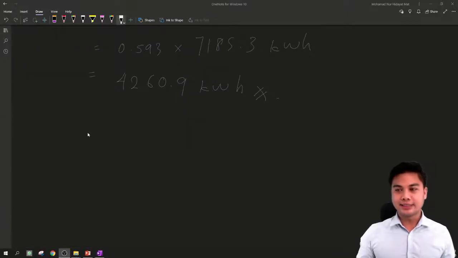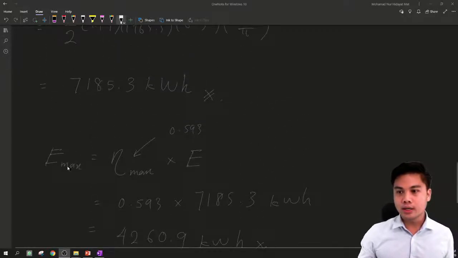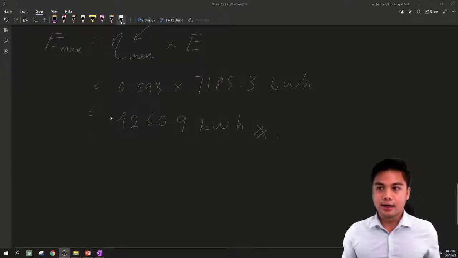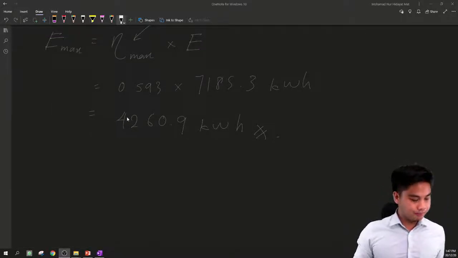Alright, the next question asks, calculate the wind mean energy velocity. So based on our energy extracted to get it maximum, we can relate this to the velocity.